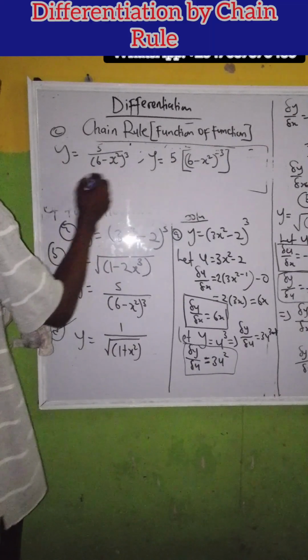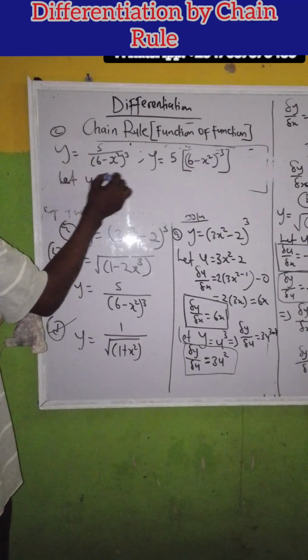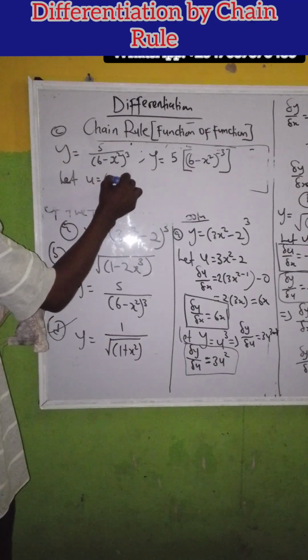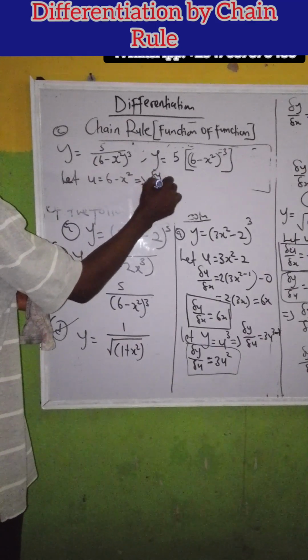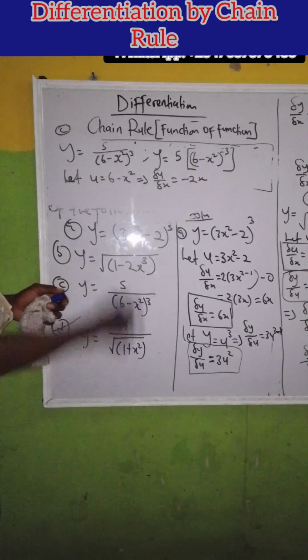So whatever you have in the bracket, you say let u be equal to what? Let u be equal to 6 minus x squared, which implies that du over dx is equal to minus 2x. Okay.